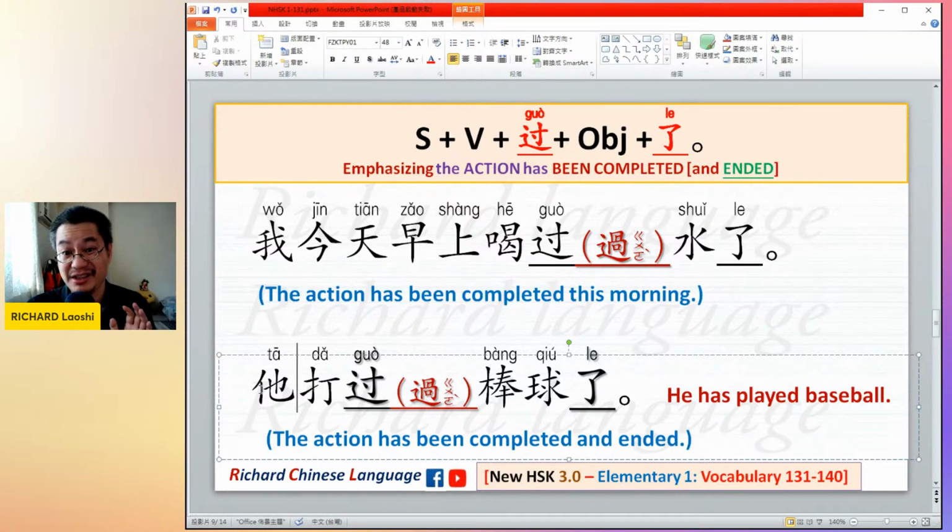Completely ended this action. So it's not just about the previous experience. This sentence pattern also emphasizes this person has ended this action. Okay, so that's the difference.